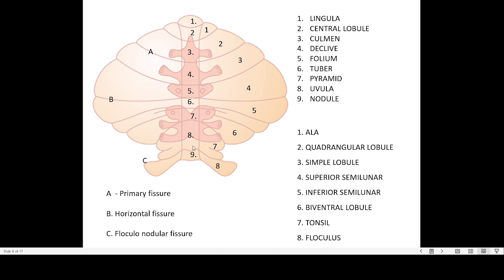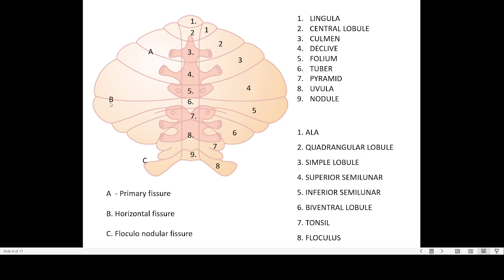The center part is the vermis, and the two on either side are called the cerebellar hemispheres. So the vermis is the central portion, with a hemisphere on either side. This is separated by the primary fissure, which is V shaped.